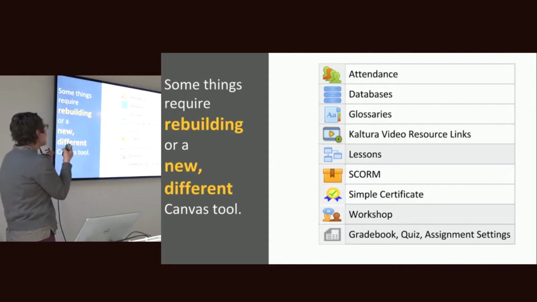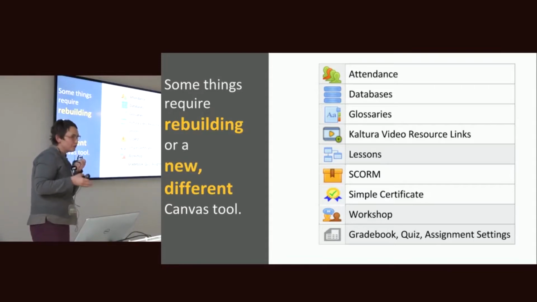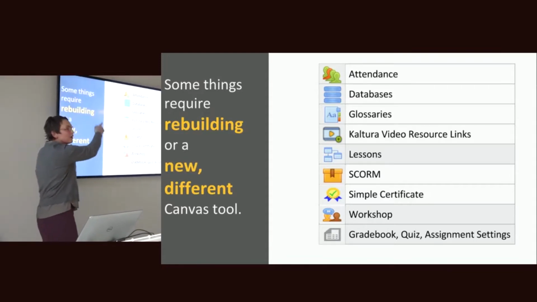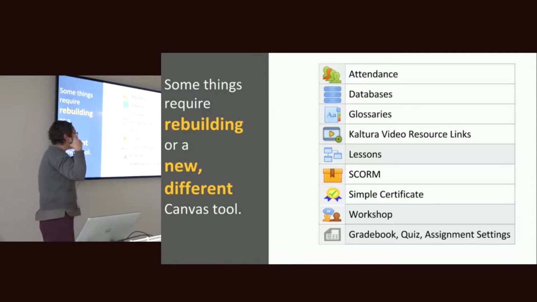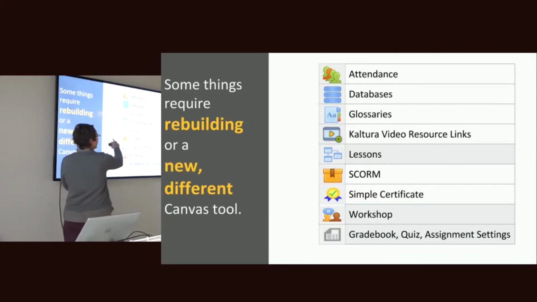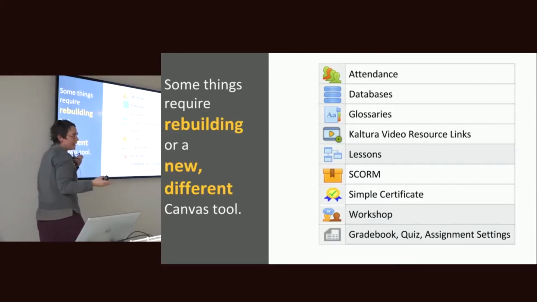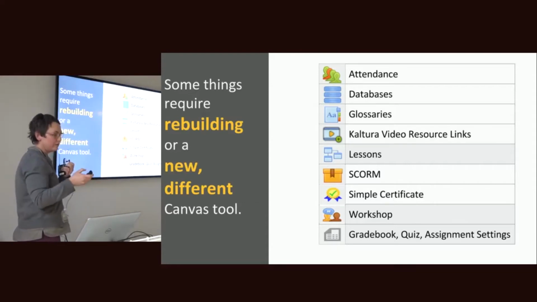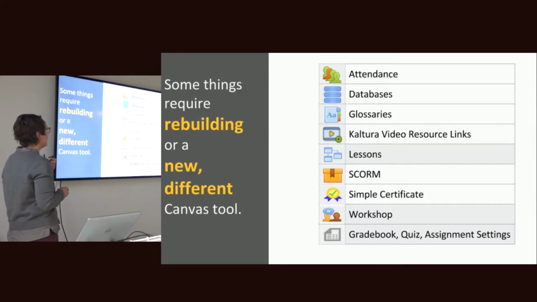Some things are going to require some rebuilding or using a new or different Canvas tool. So if you've got things on this list, know that you're going to have to be more careful and check once you're working in the Canvas environment. Some things don't transfer at all, so we're looking at those functional gaps and trying to figure out how to fill those with a different tool.